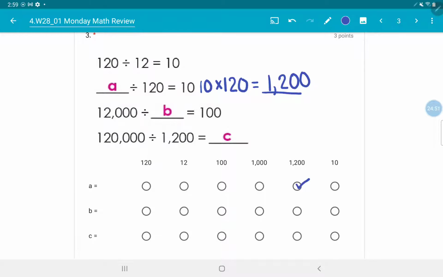Okay, so then this next one, I'm dividing again, so I'm going to go ahead and turn that around. I'll have 100 times something equals 12,000. Okay, so if I am looking for 100 times what number gets me 12,000, I know I'm going to have to do 1 times what to get 12? 12.